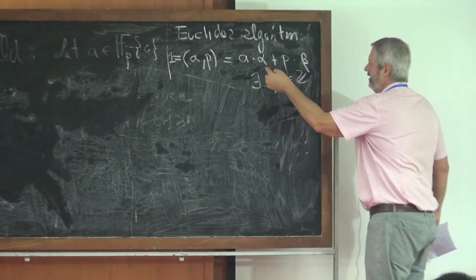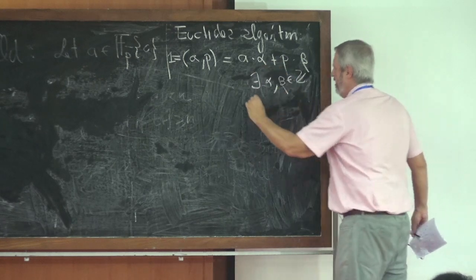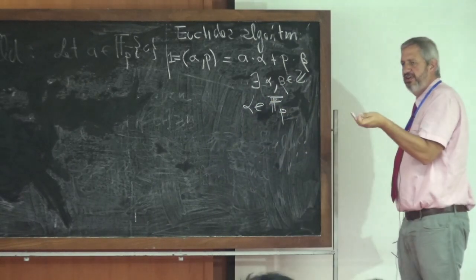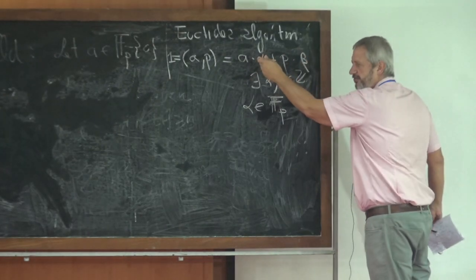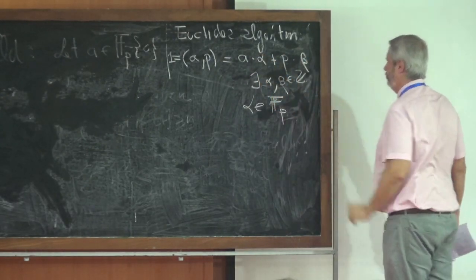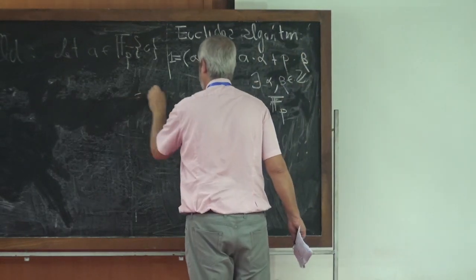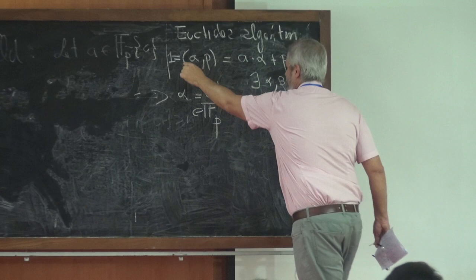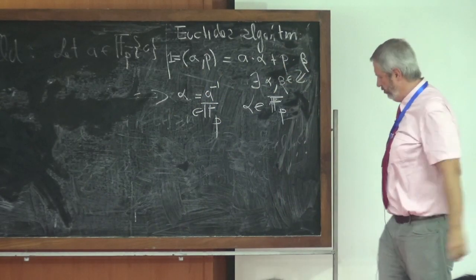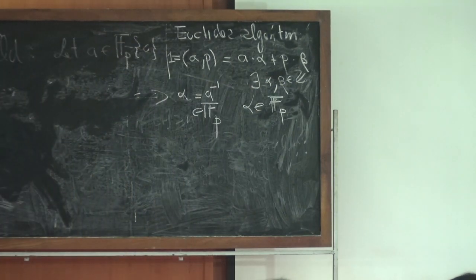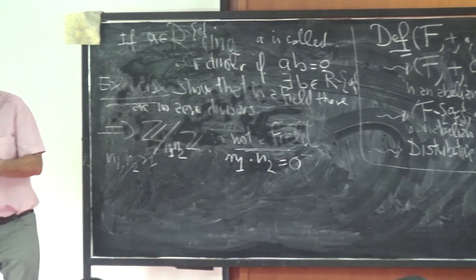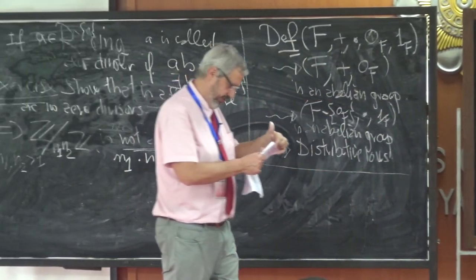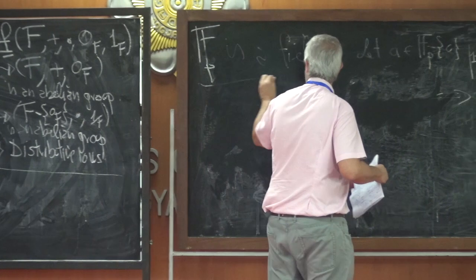And also I can play a little bit with this alpha and beta, and I can take alpha in F_p itself, because either if it's negative or if it's bigger than p, I can perturb this in order to make it in F_p, and then automatically alpha is A to the minus 1 in F_p, right? So I'm using the fact that p is a prime at that point, and then I'm using the so-called Bezout identity, right? So this is a field, and for my lectures, this is a very important field. So it's important for our purposes, okay? This one.